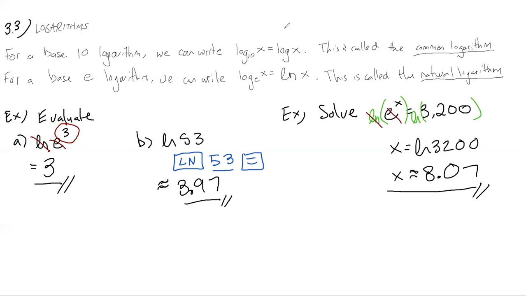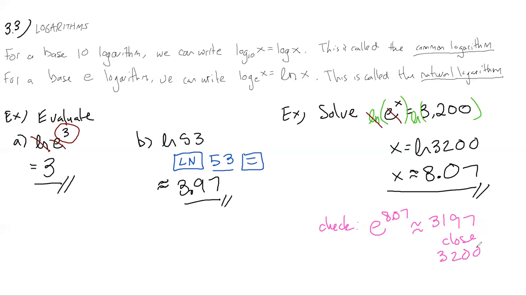I'm just going to check my answer here. If I do e to the 8.07, and remember that e button should be buried behind the ln button, I get 3,197, right? Very close to 3,200.